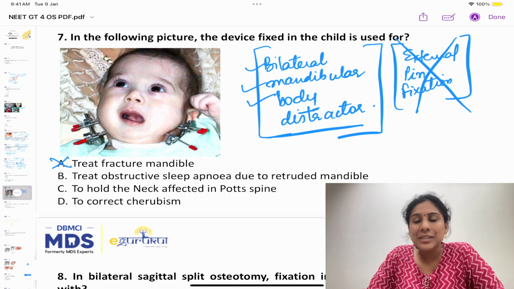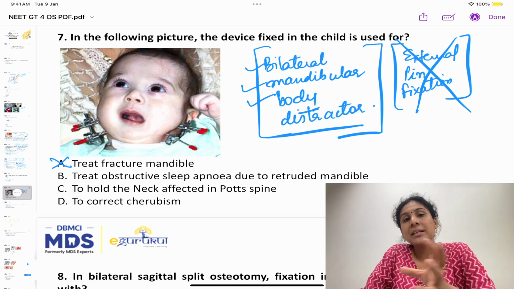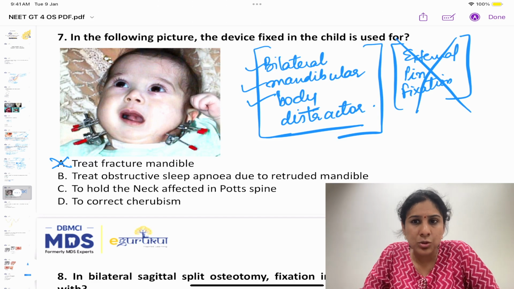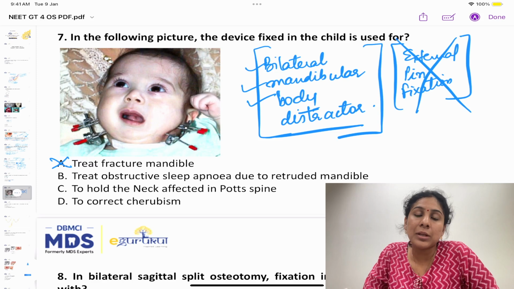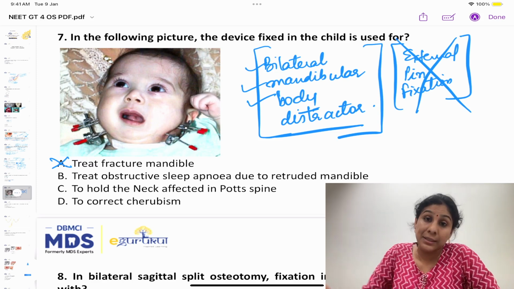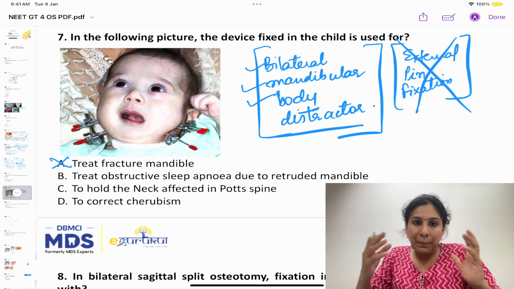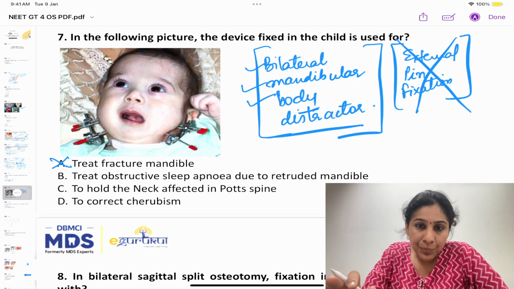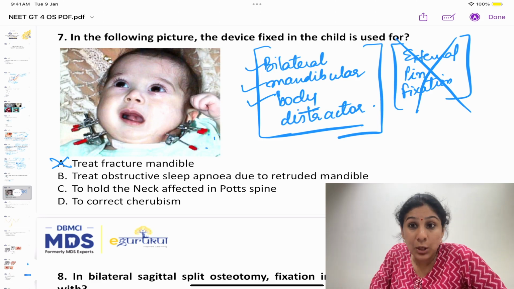Many of the textbooks have this image because it was used earlier, but nowadays, after the advent of good ORIF devices, plates and screws, we hardly use X-fix, external pin fixation, in maxillofacial bones. Very commonly still it is used in orthopedics. Long bone fractures, external fixations are still used. But in the maxillofacial region, it is hardly used. So this device in the image may look similar to the X-fix.